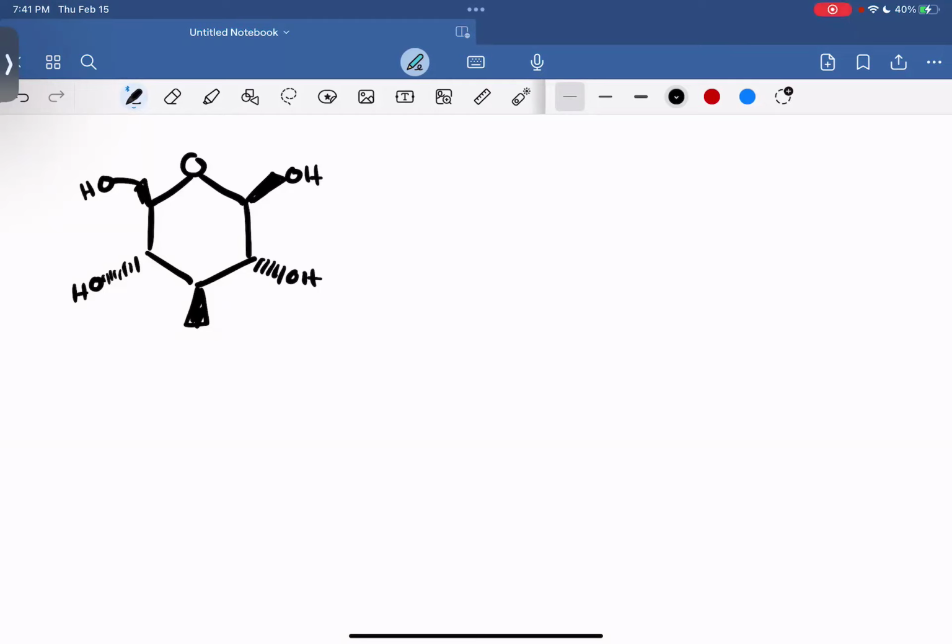Okay, so let's briefly dive into how we got what we call a chair conformation. I'm going to draw just the basic skeleton backbone of a simple six-membered ring that has an oxygen in it. I don't want this to confuse people, but for some it might make a ton of sense.